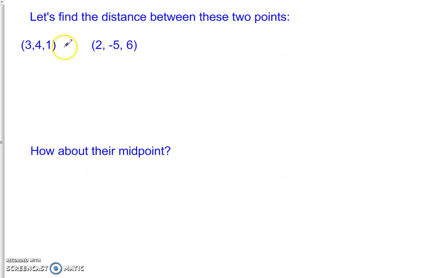How do I find the distance between any 2 points? Well, you know the distance formula in 2 space. It is really not different in 3 space, except for we add 1 dimension. So the distance is equal to x sub 2 minus x sub 1 quantity squared. So in this problem, that is 2 minus 3 squared plus, and then negative 5 minus 4.